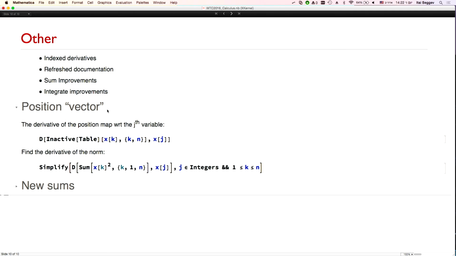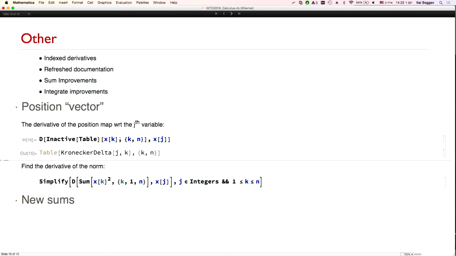But index derivatives, this is my last example. We have certain functions which clearly indicate you're talking about an indexed variable. So if I have here an inactive Table, this is a position vector with components x of k, where k is some variable. Now, when you differentiate that with respect to x_j, you don't want that to be completely 0 just because there's no x_j here, since x_j could possibly be one of the k's.